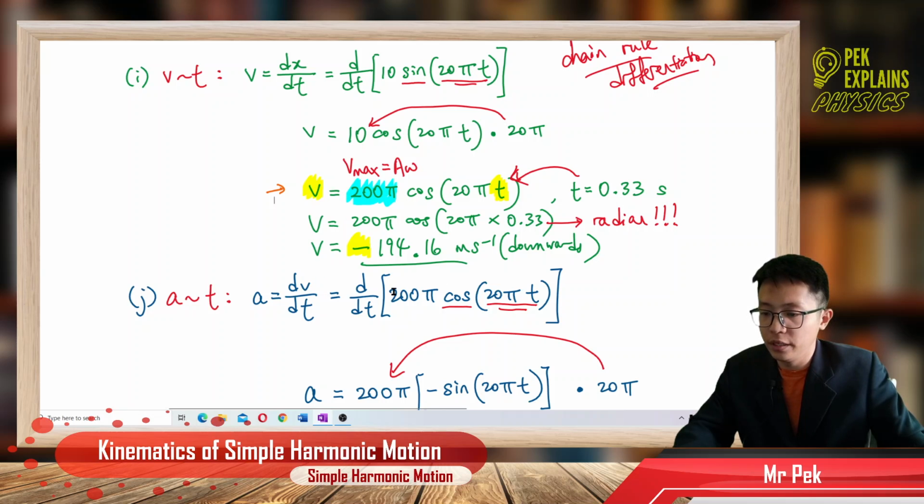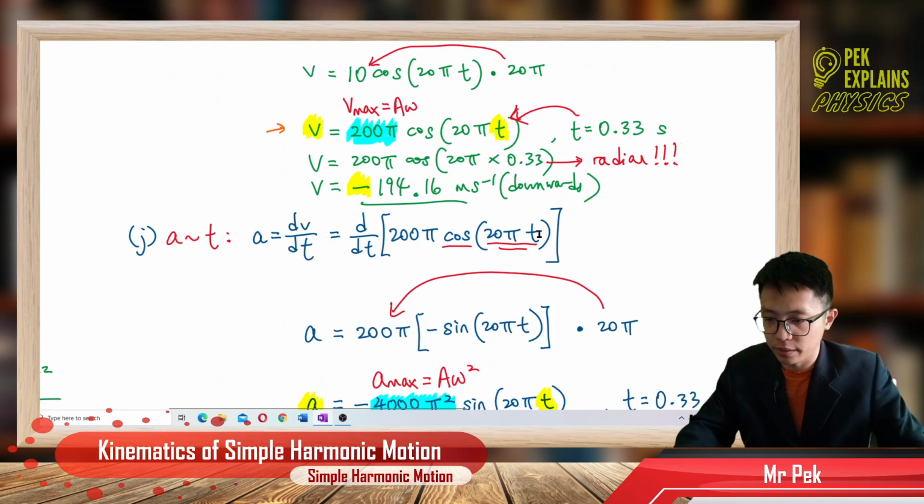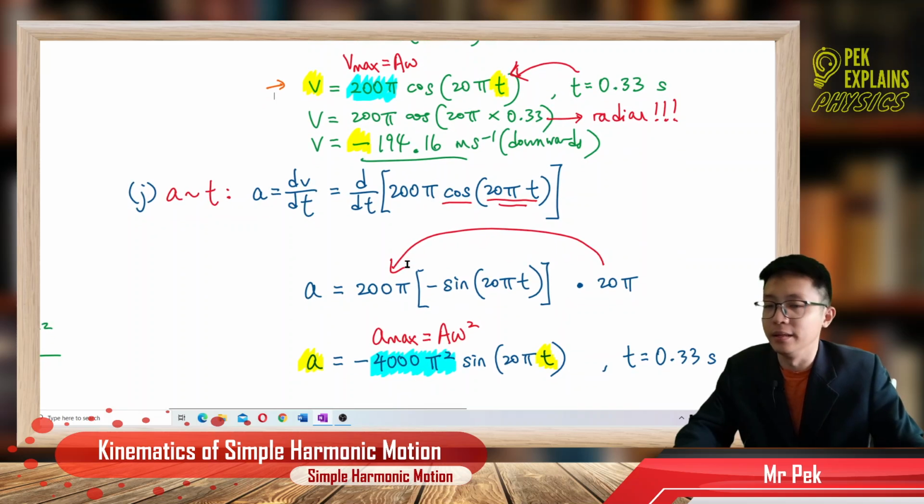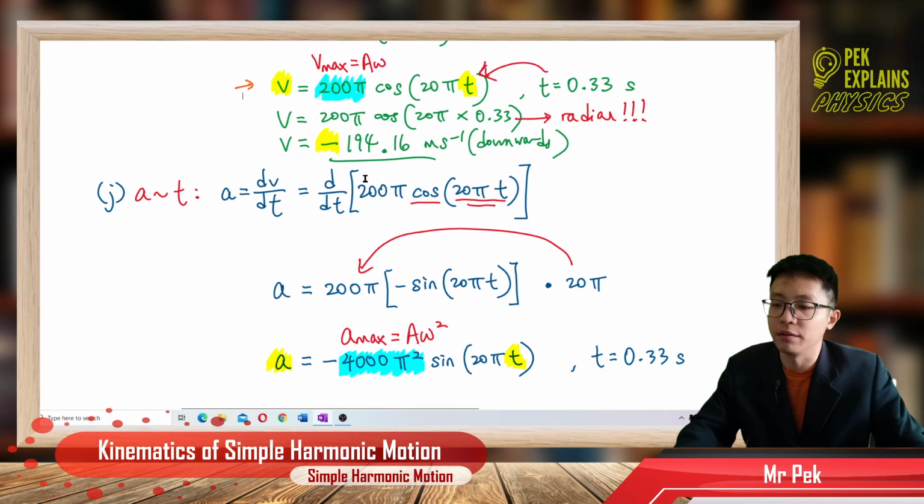Okay, v is substituted with the equation for velocity, 200 pi cos 20 pi t. Now we differentiate this with time. Again, use the chain rule. Differentiate outside, differentiate inside. Differentiating outside, 200 pi is still 200 pi.